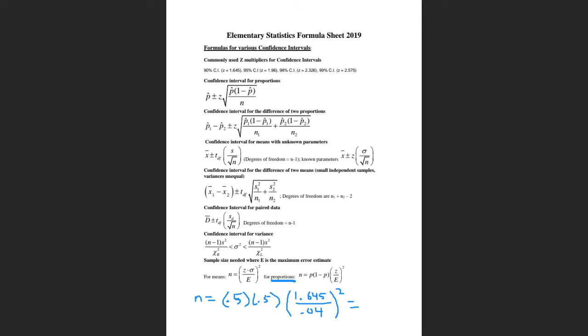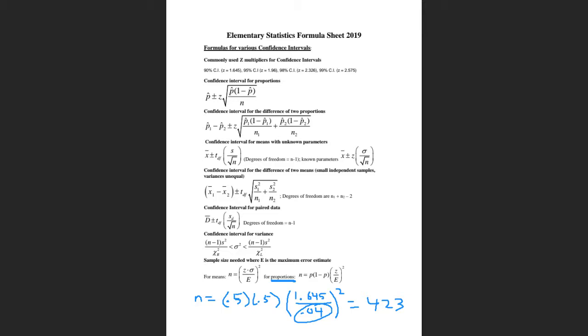So you need a sample size of at least 423 to have a 4% margin of error with this level of accuracy. Then how do I find out how many are men and how many are women? It doesn't matter.